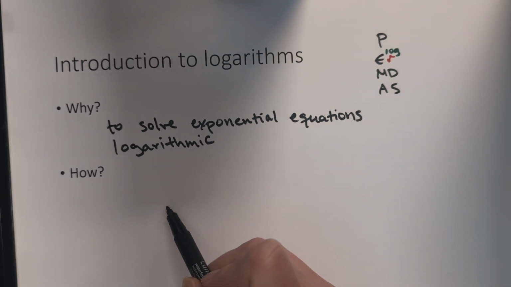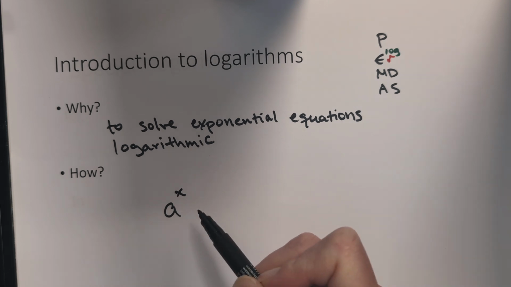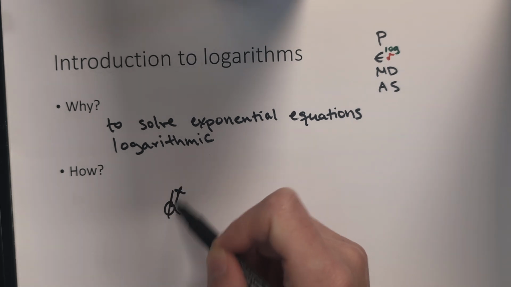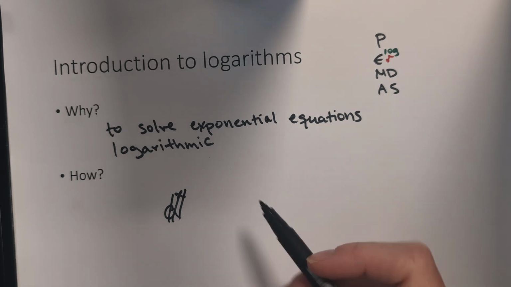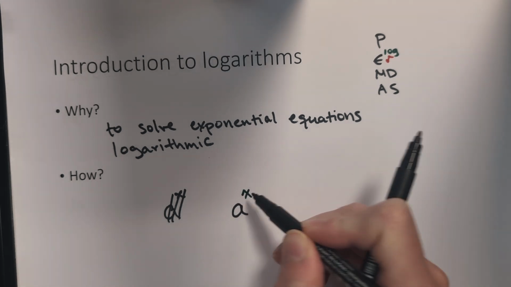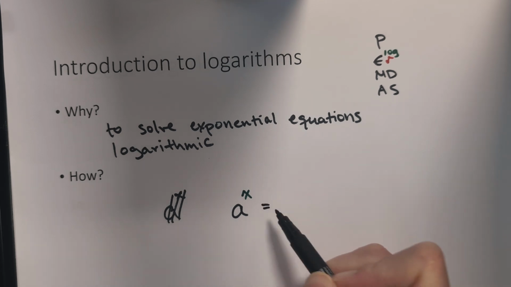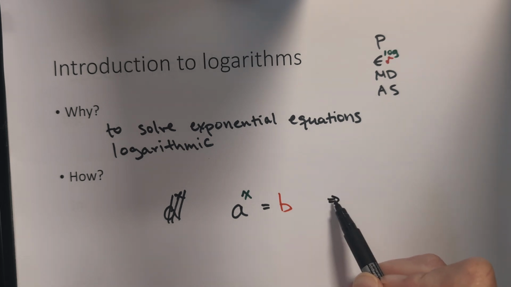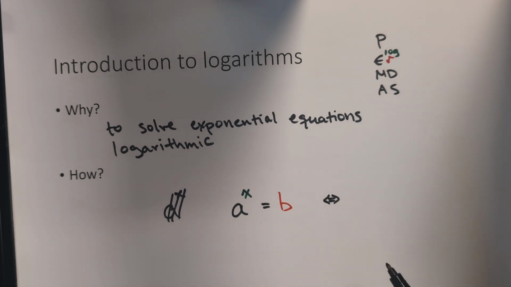Well, when we have an exponential equation of this form, I'm actually going to use different colors here. How about I even get rid of this so that I can start right away with nice colors? If I have some base to an exponent, and I want to solve for that exponent equals some other number, then what I can do is use a logarithmic equation to solve that.